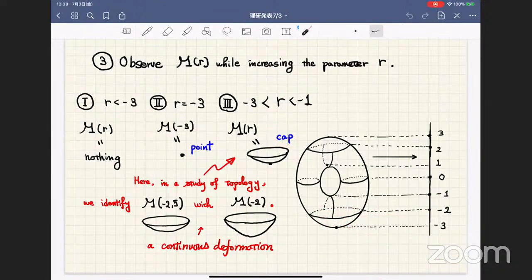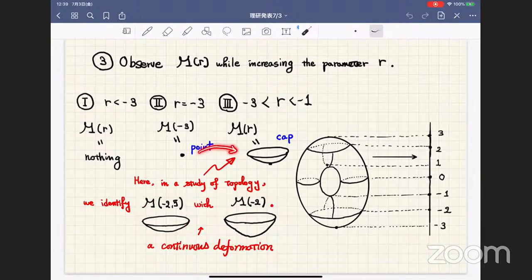For example, M_{-2.5} is this, and M_{-2} is this. The sizes of these caps are different, but in the study of topology, we identify this space with this space. If we have a continuous deformation from this space to this space, then we identify them. Actually, we can construct the continuous deformation from this to this, so in topology we identify these two spaces.